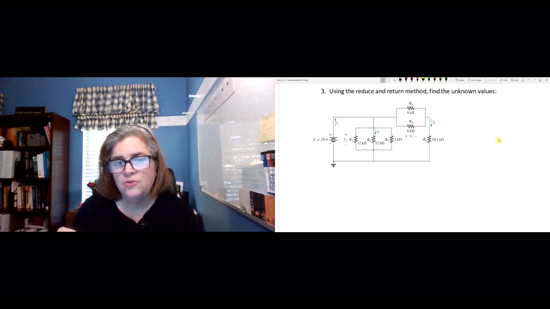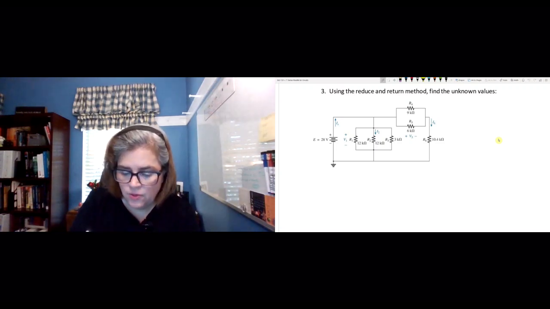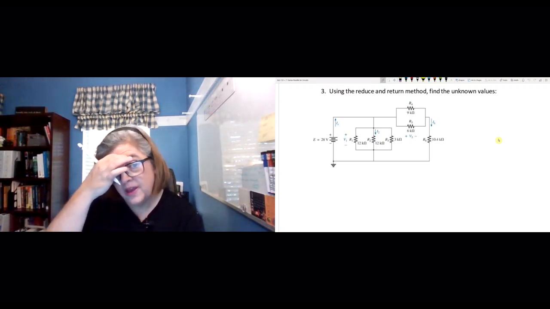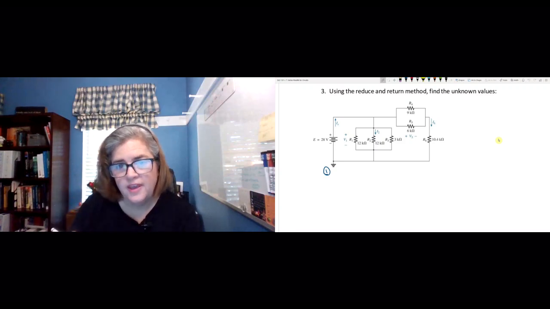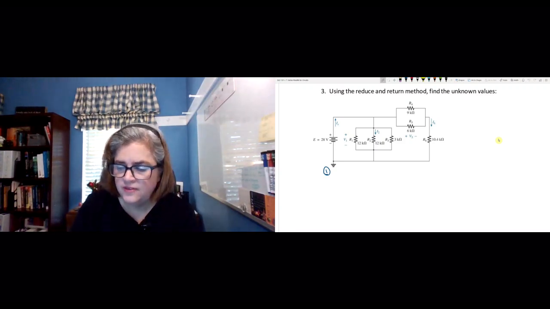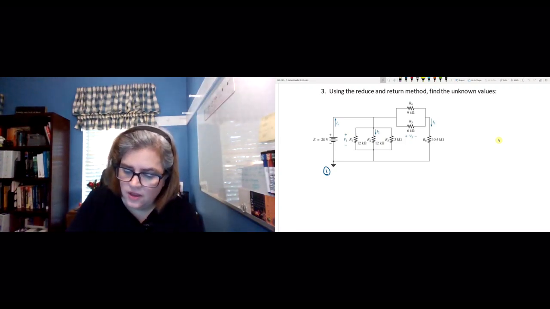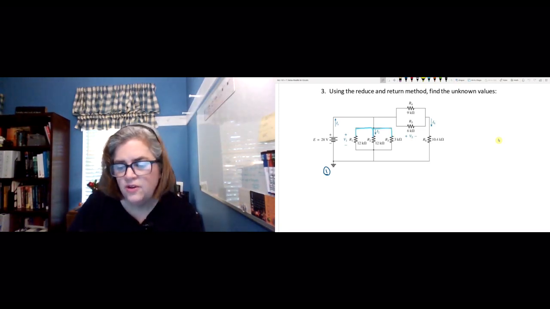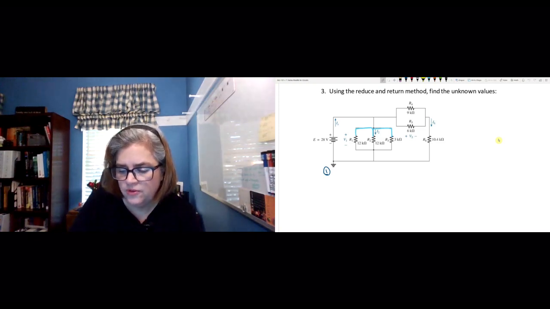So the first thing in the reduce and return method is we look for resistors we can combine. In this case, I see a few things. It looks like R1, R2, and R3 are all connected here. You can use your colors and try to figure out what's going on, and they're also connected here.